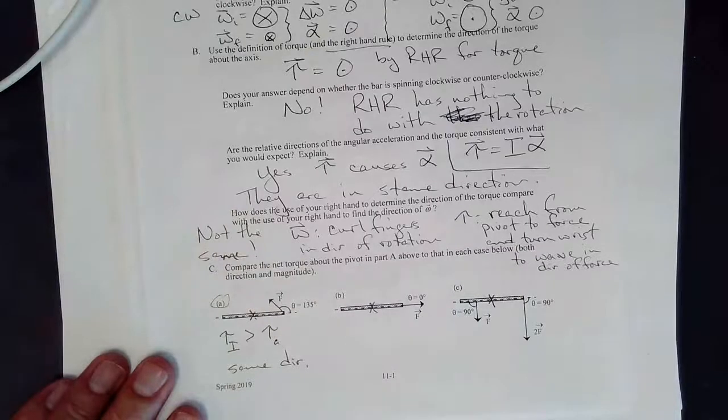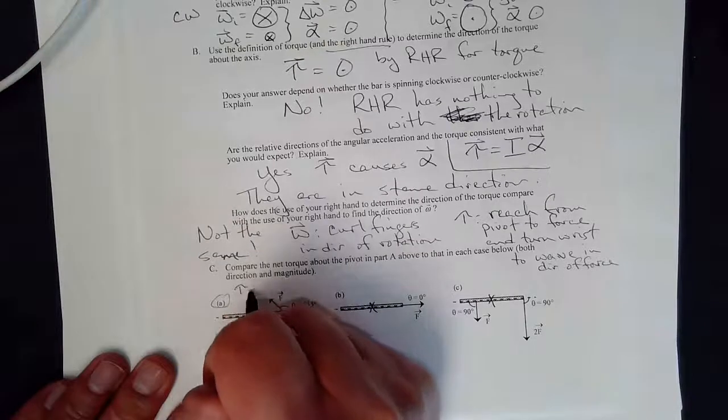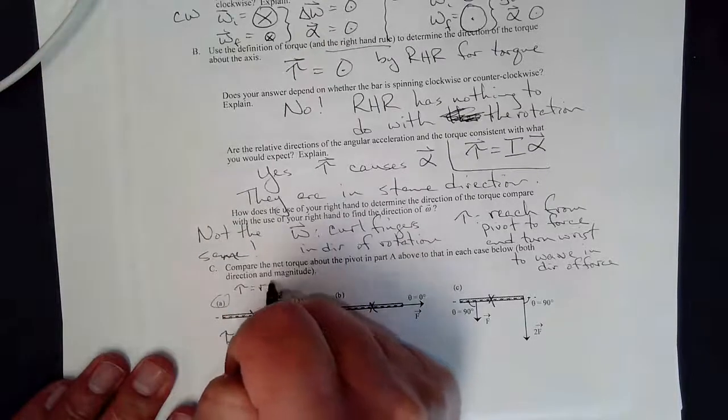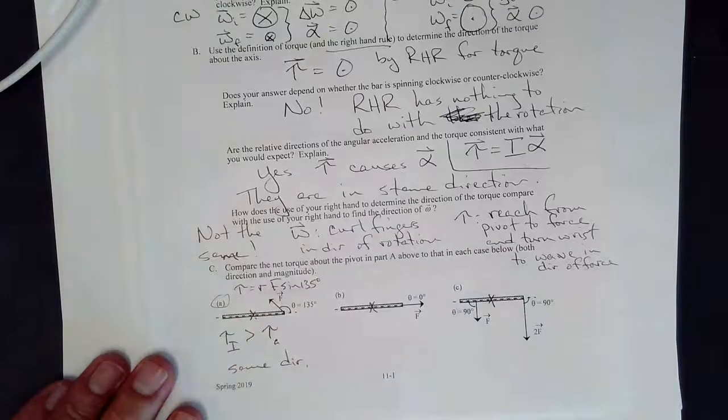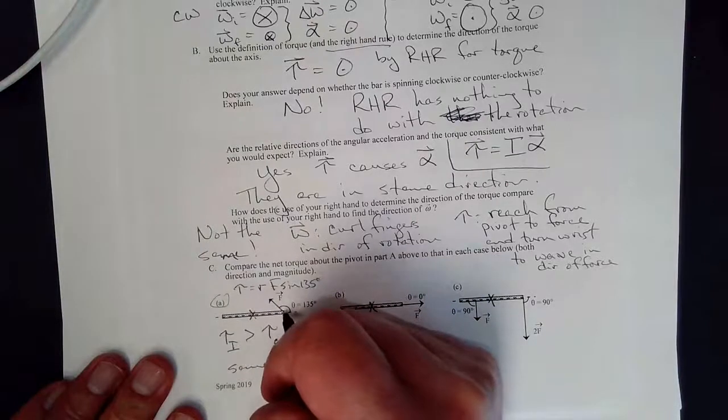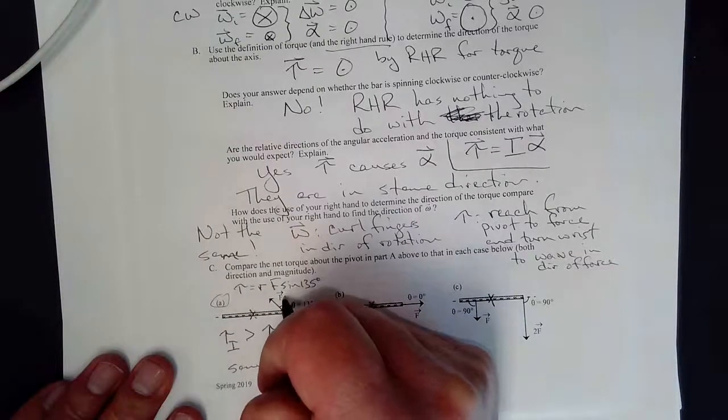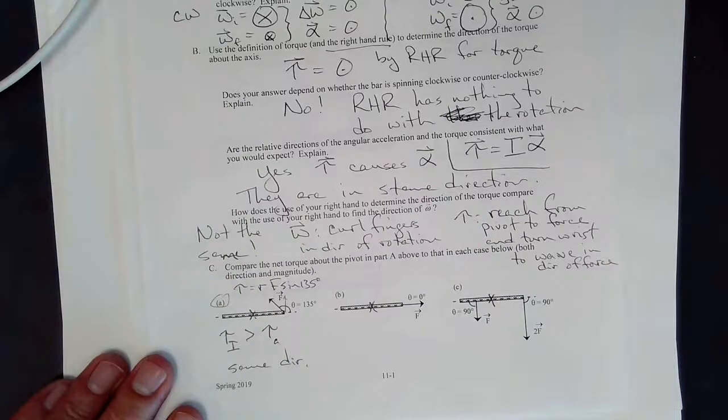Well, because that torque is going to be equal to R times F times the sine of 135 degrees. And the sine of 135 degrees is less than 1, so I'm going to get a smaller torque. Another way of thinking of it is it's only the part of the force that's perpendicular to the position vector that's going to be causing the angular acceleration that contributes to the torque. And so that's clearly smaller in this case.